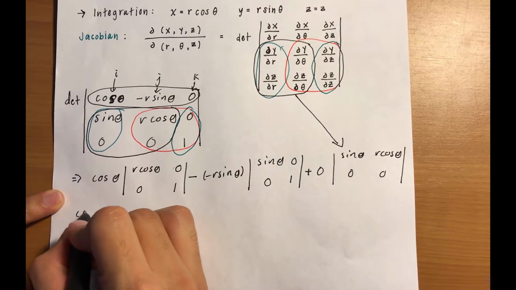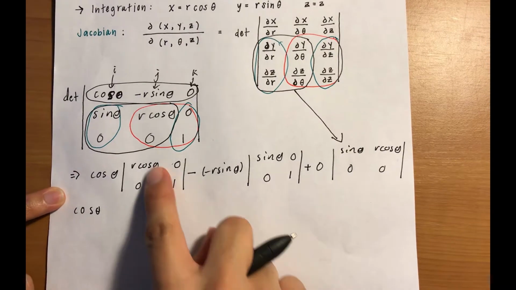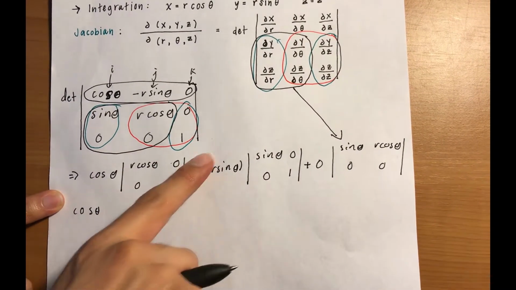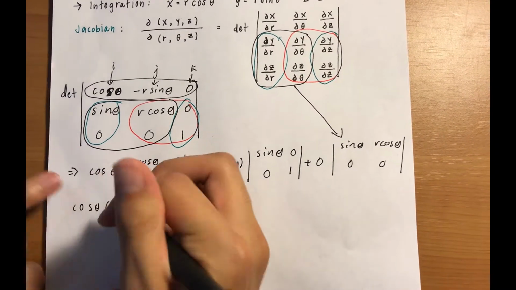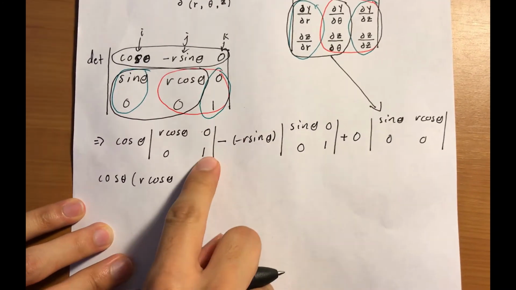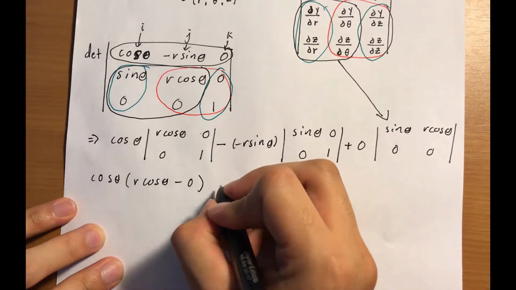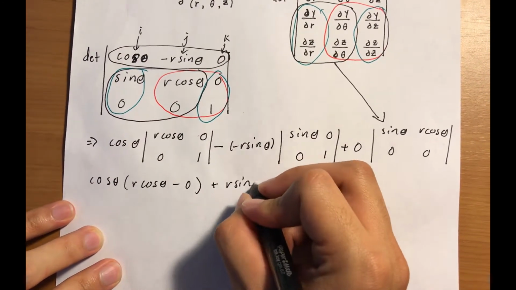For the determinant of a 2 by 2, you multiply across and subtract whatever's multiplied across the other way. So r cosine theta times 1 minus 0. Next, negative, negative, that's a positive, r sine theta.